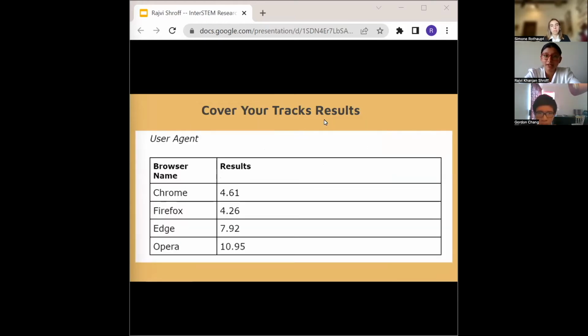But when I compared additional metrics for privacy, I found the results for how many bits of identifying information were for each browser, such as user agent. And when considering user agent, Opera had more bits at 10.95, whereas Firefox had the least at 4.296. And again, more bits means less privacy.